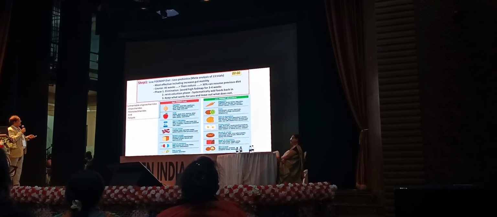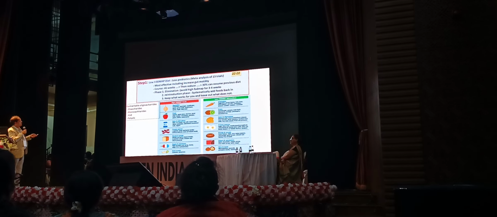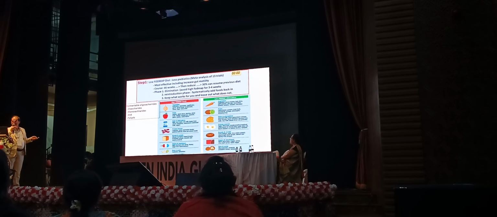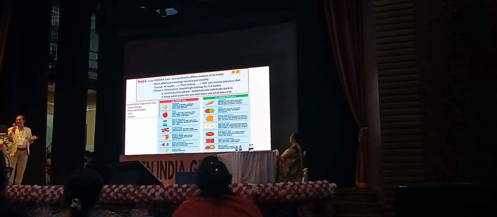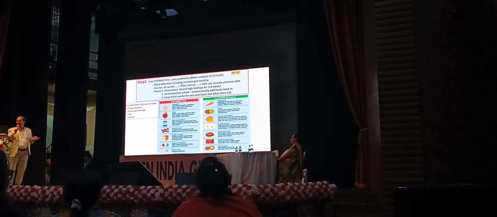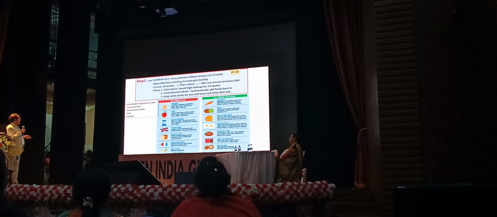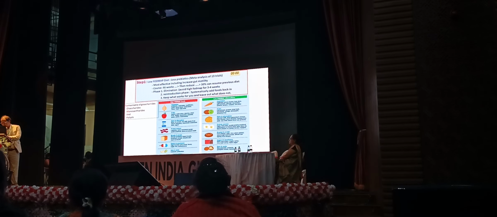So phase 1, how to use low FODMAP diet? Phase 1, elimination. Avoid high FODMAP for a month. Then the reintroduce phase. Systematically add the foods which you are taking, and then you check out what is suiting him more, or which one is causing him more problem. So this is about the FODMAP.